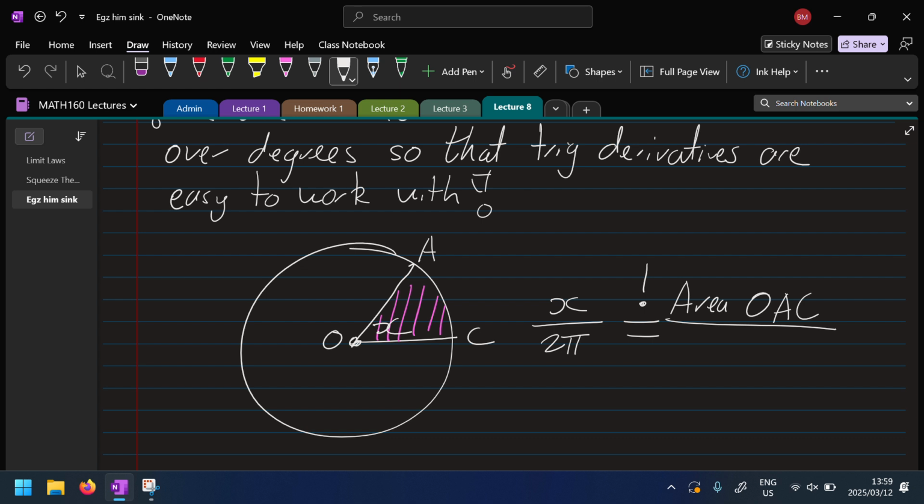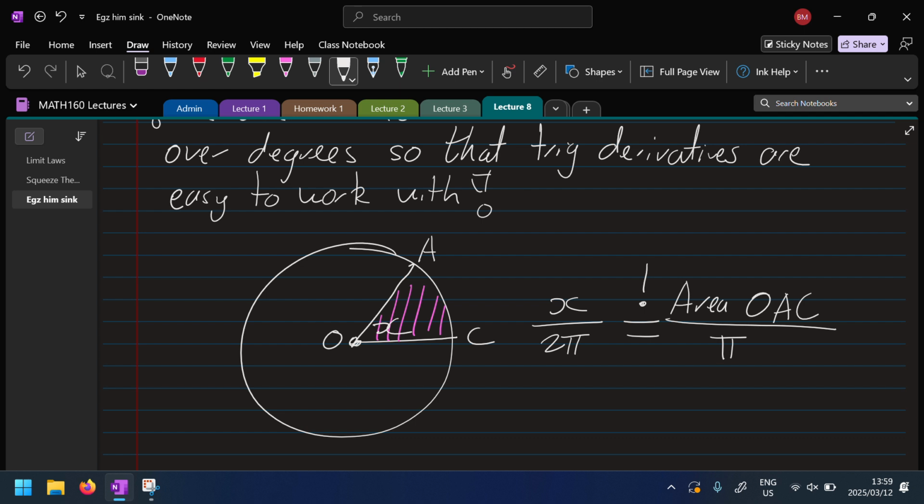We've got the circle. What's the full area? Full circle. Pi r squared. What's the radius? 1. We said it was 1 right at the beginning, it was a unit circle. So the area is just pi.